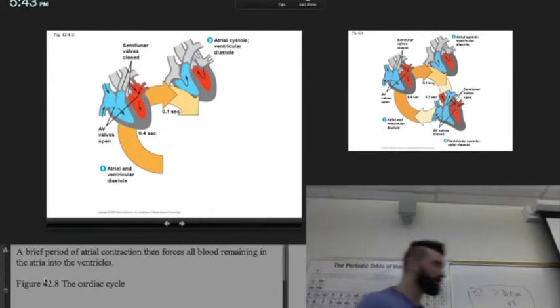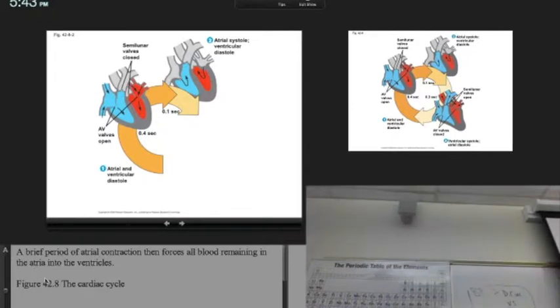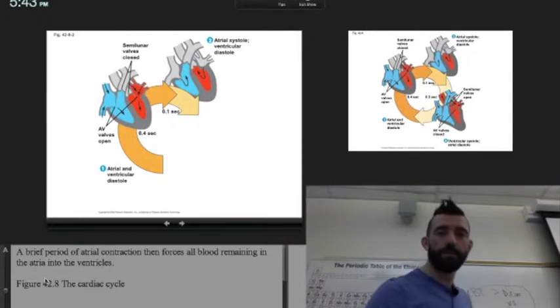Then just to squeeze out that last little bit, like you're squeezing out a lemon into a tea, you do have some atrial systole. So there is some contraction in the atria to force the last little bit of blood into the ventricles. The ventricles are still relaxed, still in ventricular diastole.